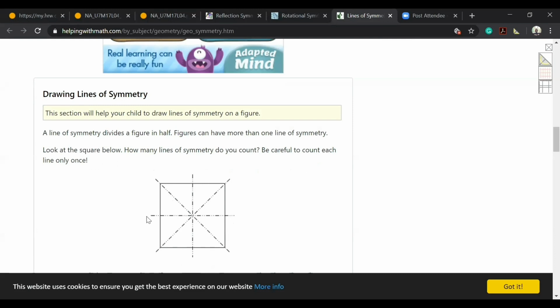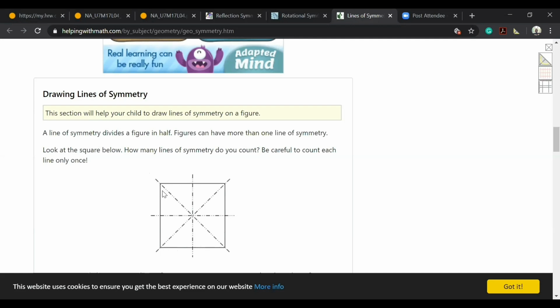What about the one which is similar to the x-axis? Again, it's dividing your square into two equal halves, one up, one down. What about this one? Yes, again, it's a line of symmetry because this half is exactly equal to this half, right? Till now, we have reached 3.